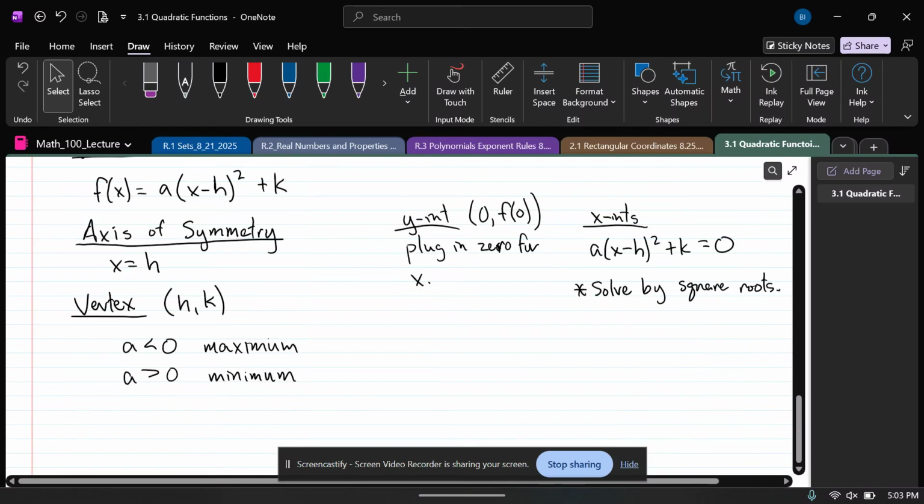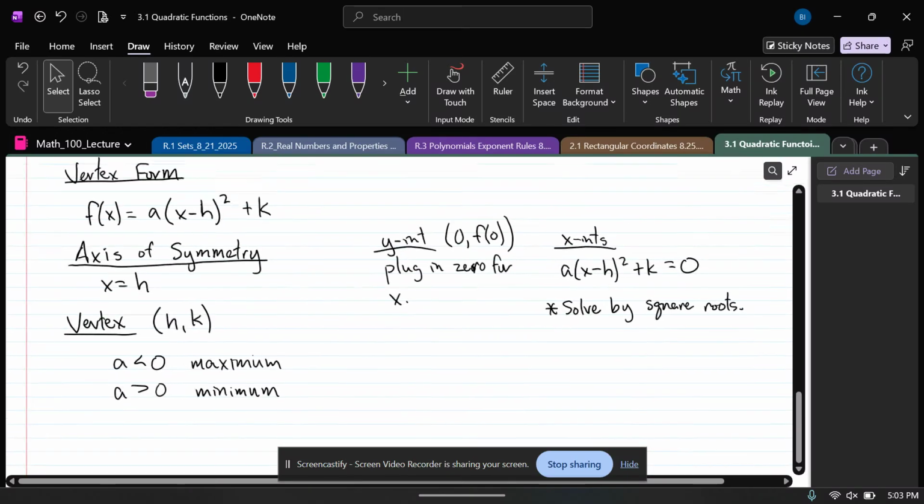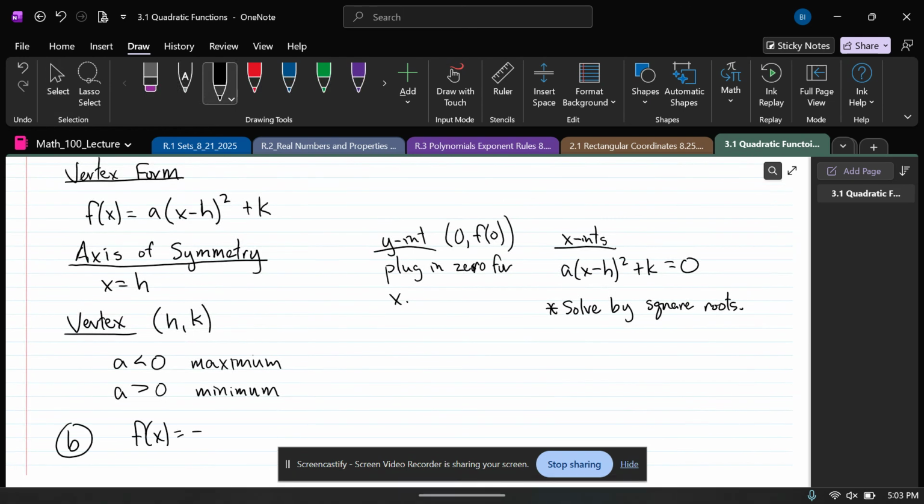So I want to speed past you here. Example B, I'm going to write the equation down here. So f of x is equal to -2(x plus 5) squared plus 2. That is our equation in vertex form.